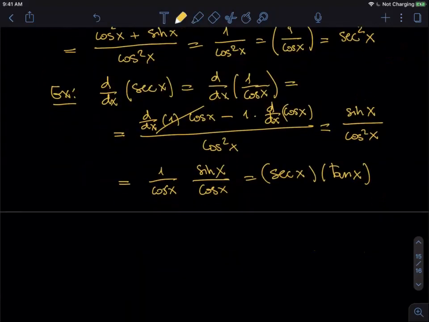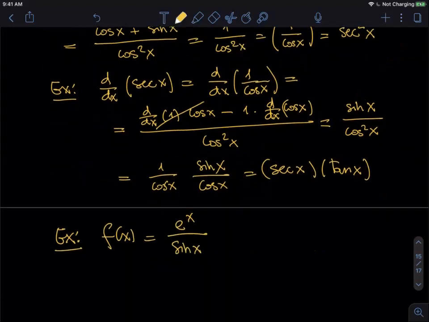Let's do one more example. Let's mix functions now. So let's say we have the exponential of x divided by the sine of x. Let's find the derivative.